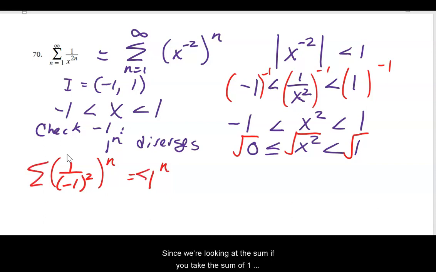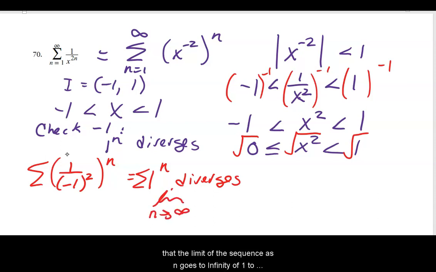Since we're looking at the sum, if you take the sum of 1 forever, this must diverge for the simple reason that the limit of the sequence as n goes to infinity of 1 to the n will not give you 0. And because of that, we know that it must diverge by the divergence test.